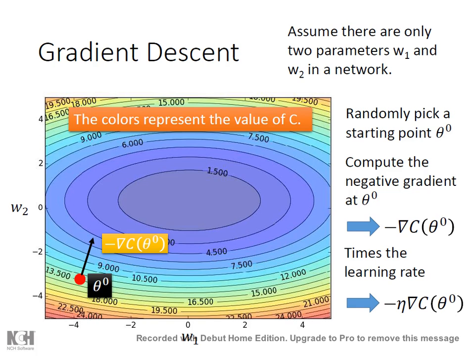You see your initial parameter here minus your learning rate, eta. It's not n, okay? It's eta. Eta is a Greek letter. We call it the learning rate. And this one is your gradient.